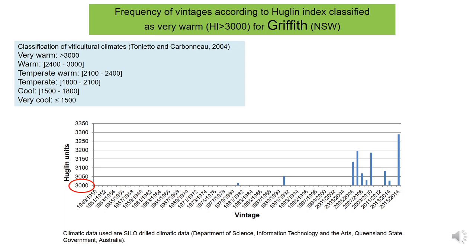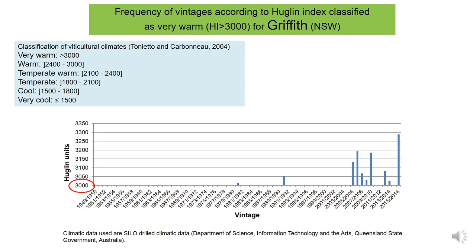And varieties as Grenache or Carignan or Tempranillo, for example, are well adapted to warm, very warm climate. Having said that, if you consider a variety like Chardonnay, which is very flexible, in the world you have Chardonnay in warm regions and you have Chardonnay in cool regions. What will happen?